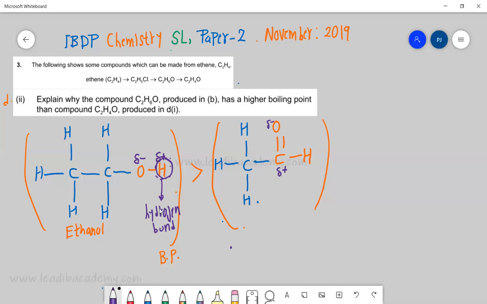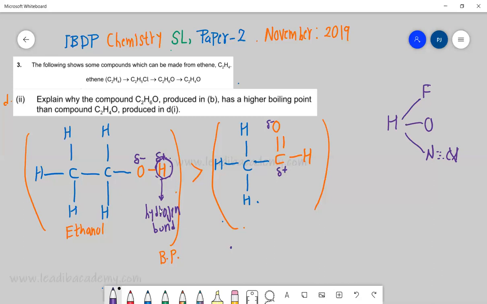Whenever hydrogen is attached to the most electronegative elements in the periodic table, that is FON, to some extent even Cl, but mainly FON, fluorine, oxygen, nitrogen, so without thinking, Cl we cannot really consider, mainly it is FON. So in this case, hydrogen is connected to the oxygen, straightforward.